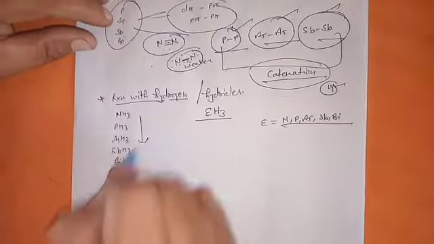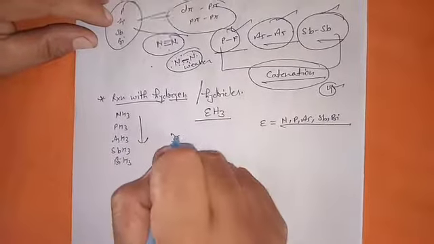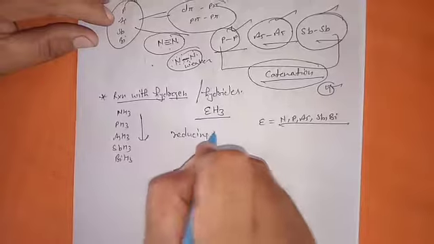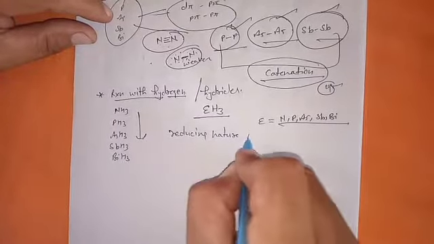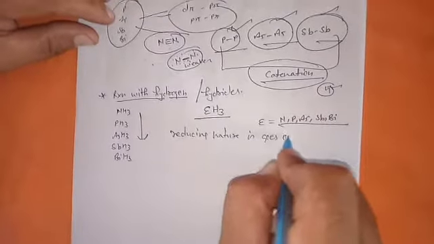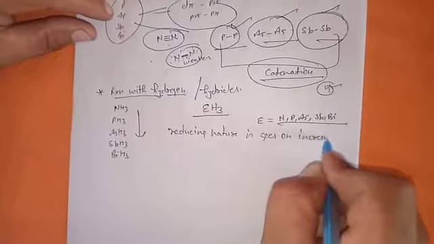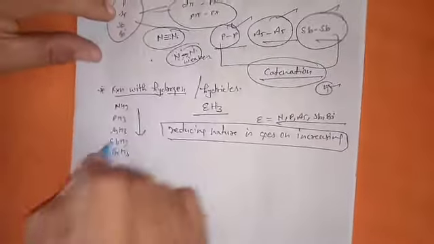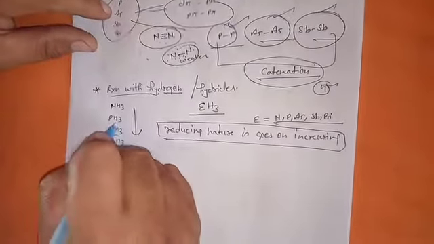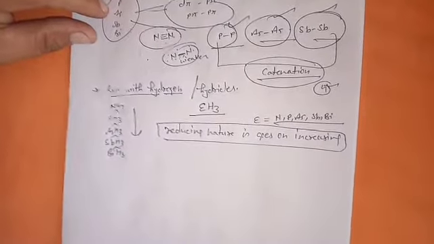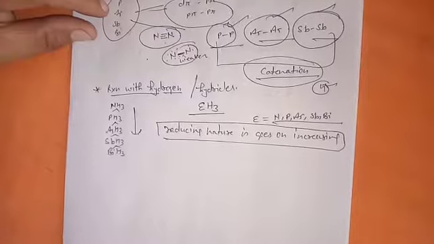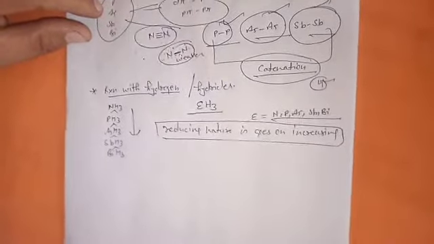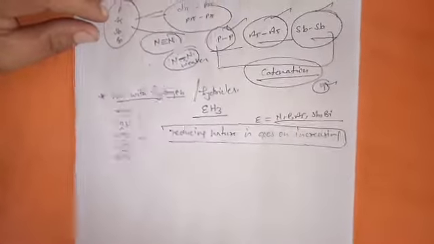As you are moving down the group, the reducing nature goes on increasing. Why? We have to explain that well also. The reducing character is more in this trend. Bismuth hydride is the strongest reducing agent. However, ammonia hardly shows any reducing character.